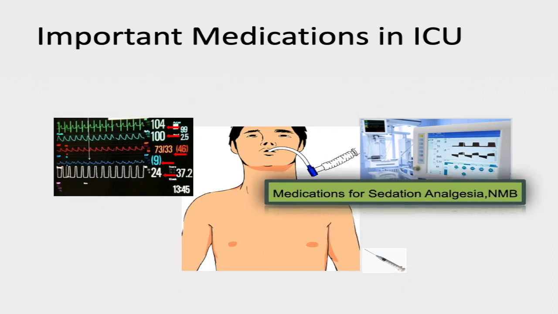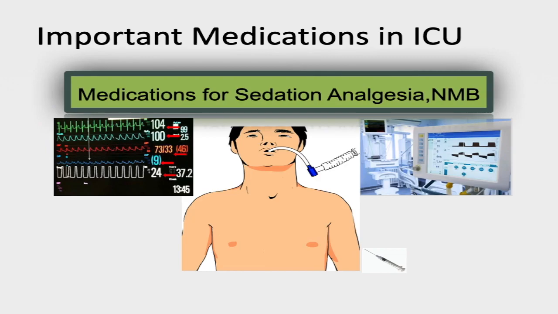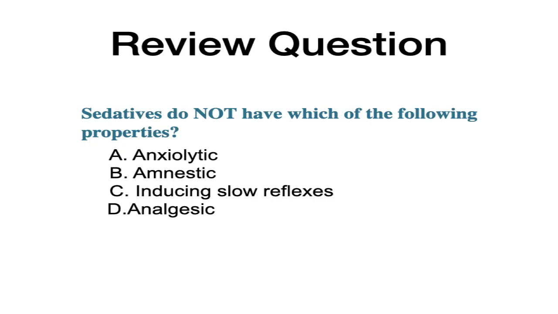So to start with medications used for sedation and analgesia, I can start with the question. Sedatives do not have which of the following properties? A. Anxiolytic, B. Amnestic, C. Inducing slow reflexes, and D. Analgesic. When we say sedative, we are talking about sedation and not analgesia.